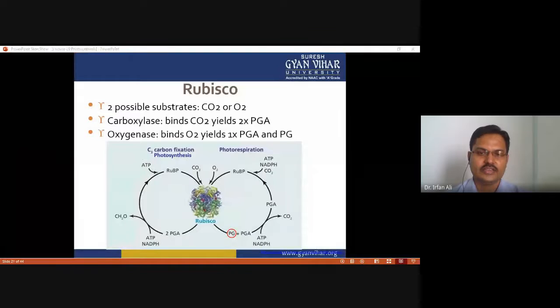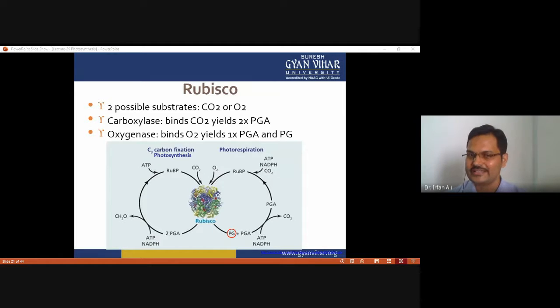You have to see this process in this figure. There are two possible substrates for Rubisco: carbon dioxide and oxygen. The carboxylase activity binds CO2 and produces two molecules of 3-phosphoglycerate. The oxygenase activity of Rubisco, when it binds oxygen, produces one 3-phosphoglycerate and one molecule of phosphoglycolate.